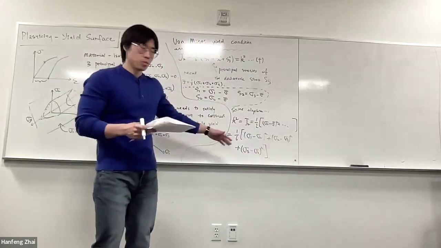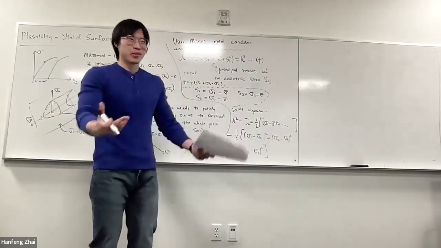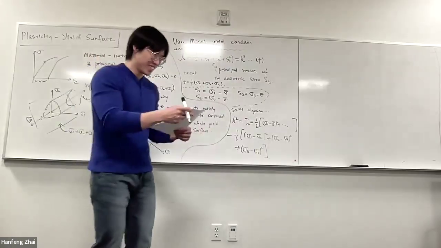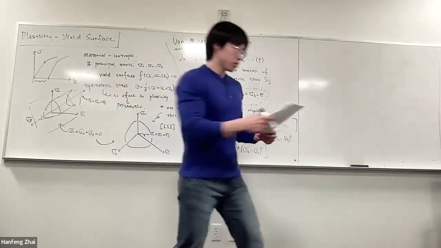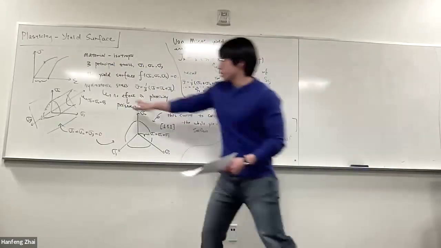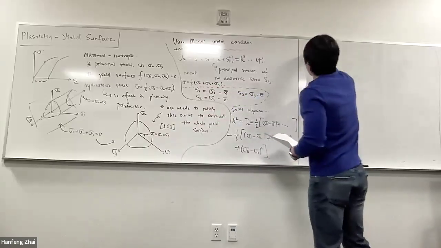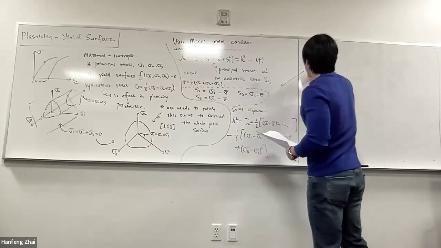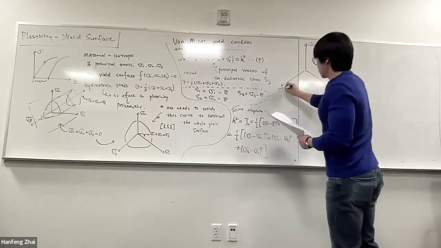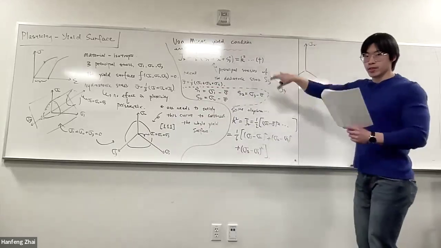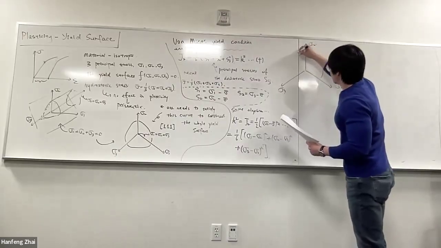So what does the yield surface look like? Since it's a video, I cannot give you a quiz or pick a student to answer the question, so I'm going to tell you. It looks like a circle. If we were to draw the principal stress projection, sigma 1, sigma 2, and sigma 3, the yield surface projected on this plane looks like this.